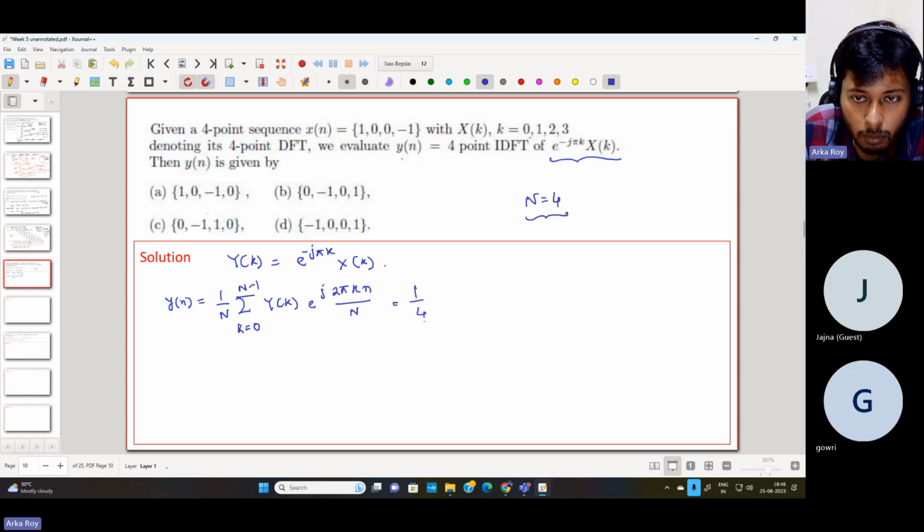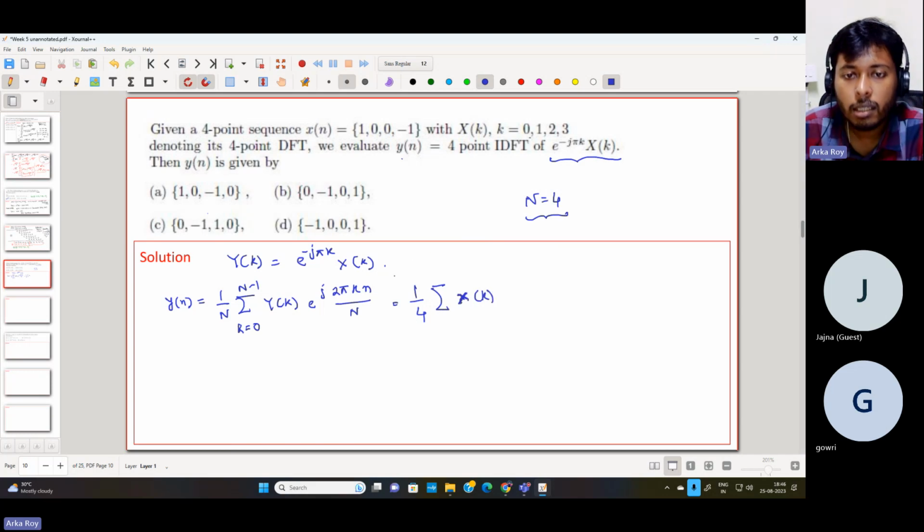So I can write it as 1/4, and then I can write it as Xk. So mind it is capital Xk, because in the time domain we represent the signals with small letters, and in the DFT domain we represent the signals with capital letters.